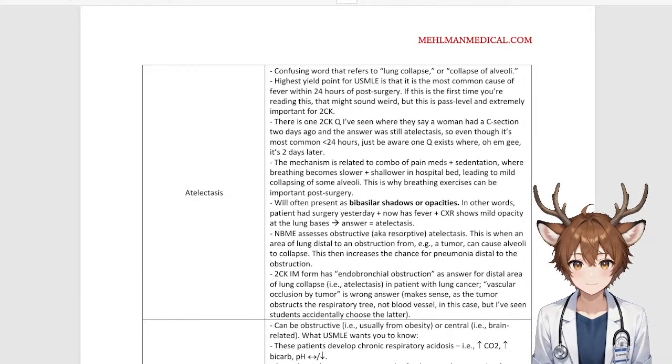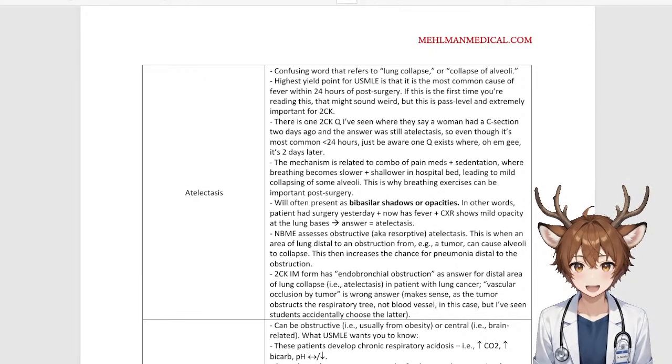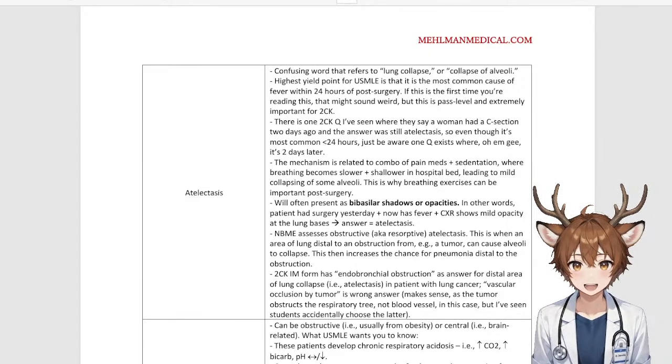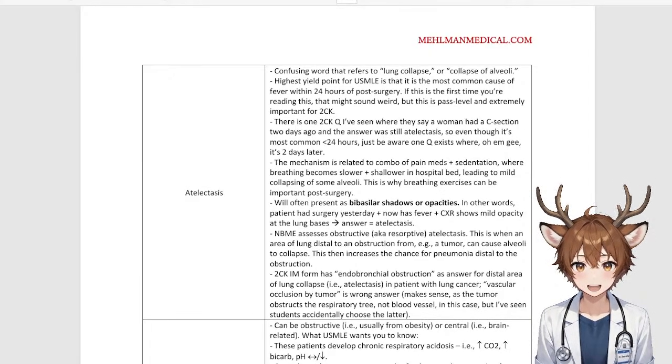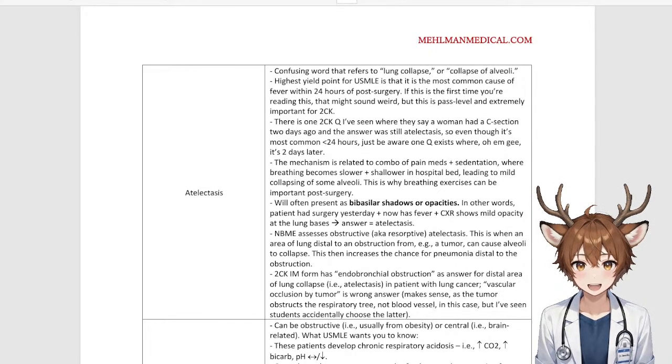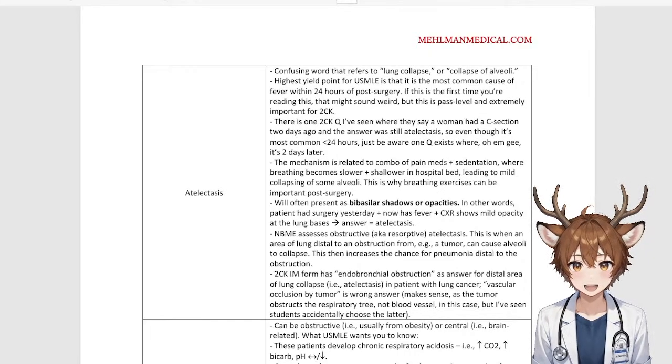The peculiarities of Step 2 CK might not be the same as the peculiarities of COMLEX 2. Maybe some of them overlap, I don't know. I haven't taken them. But keep that in mind if you're studying for COMLEX 2 rather than Step 2, or you're studying for both perhaps.